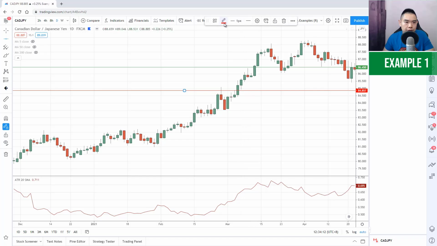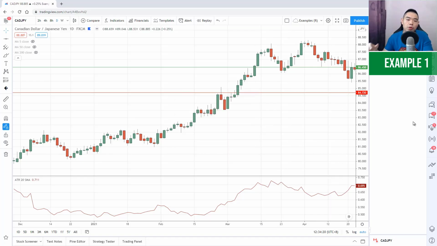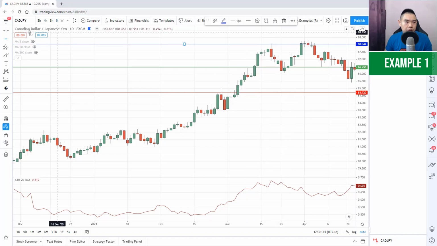Let's put it to red. Let me change this to 84.72. That is my stop loss. Let's say we want to go with a swing trading approach. We want to exit and capture just one move in this market. So for this one here, we can exit just before this recent swing high. I'll put it around the $88 price point. Let's set this to blue. And there you have it.